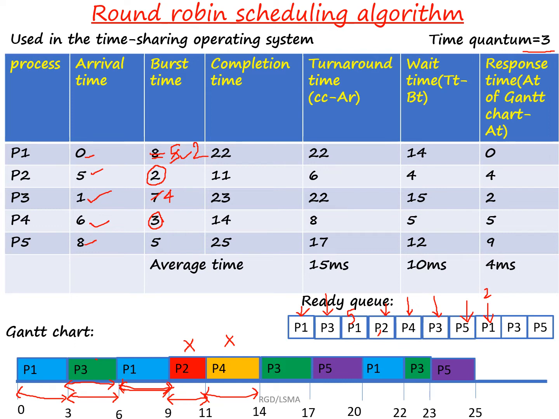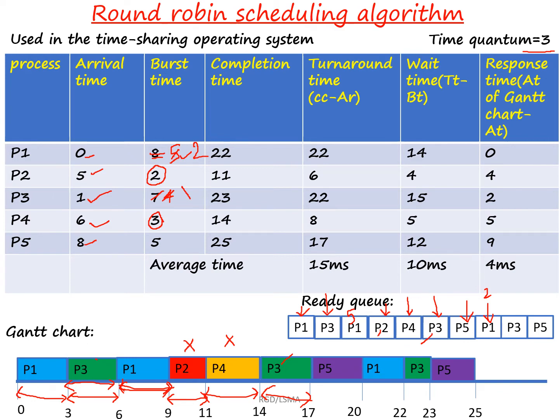After which you can call the P3 process. The P3 process will execute 3 units of time. You already have 4 more units left in the P3 process, and it executes only 3 units, so 4 minus 3 is 1. So we have 1 more unit left in the P3 process to complete the execution.